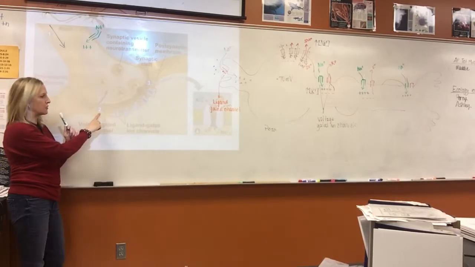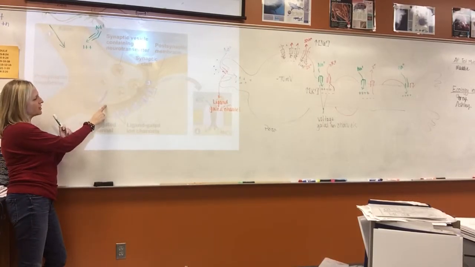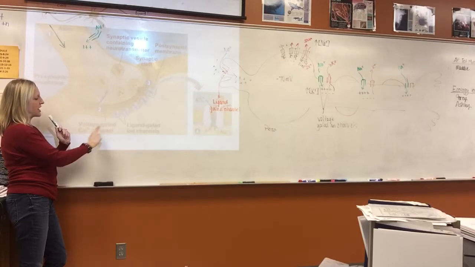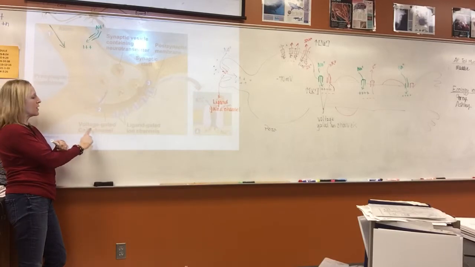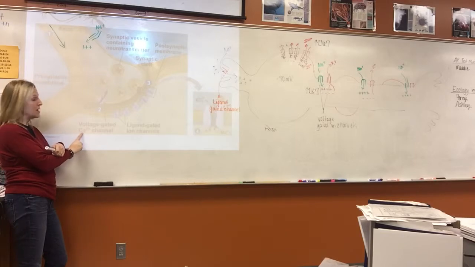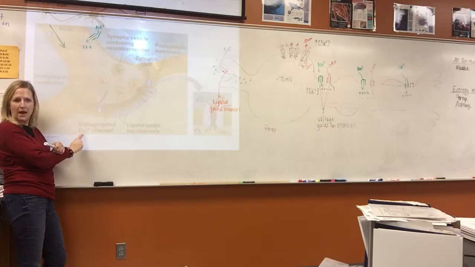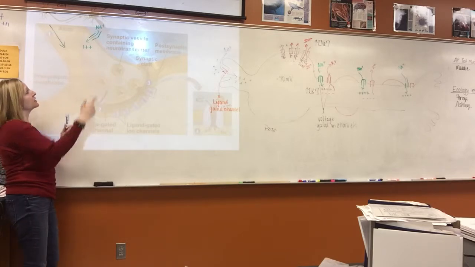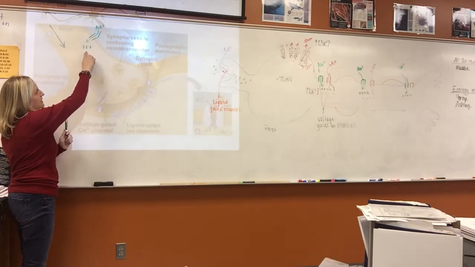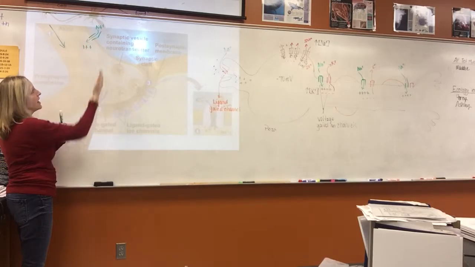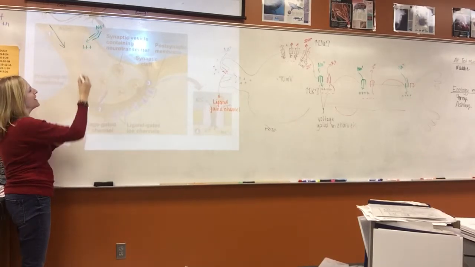So here's step 2. Notice here, this says voltage-gated calcium channel. What does that mean? It's a channel that's going to allow calcium ions through, and it's voltage gated, which means it opens and closes in response to a change in voltage. So guess what? At the end of your axon, sodium just came in and your cell depolarized.